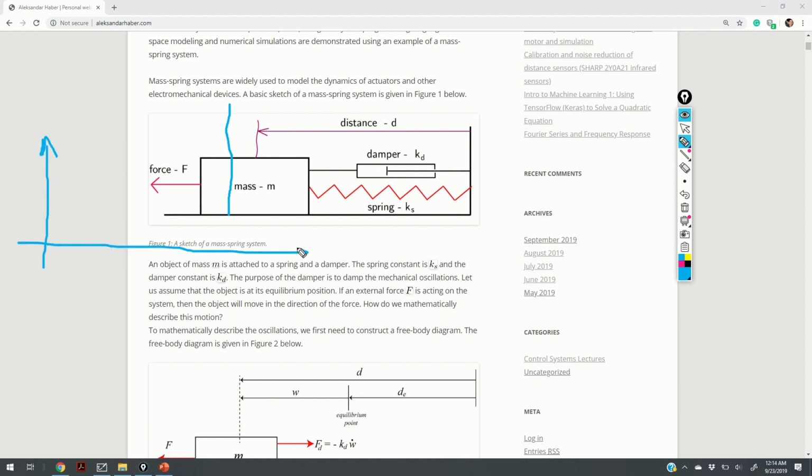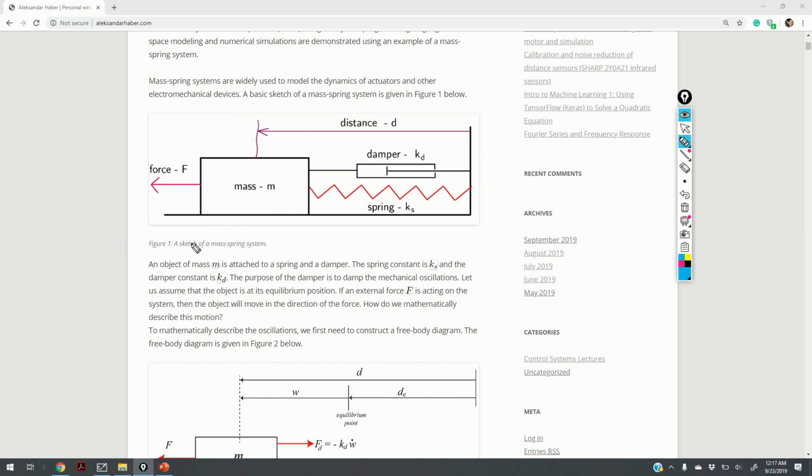With t as time and d as distance, the oscillations will have the following form. They will be damped, and after some time, the object will approach very close to its equilibrium point.